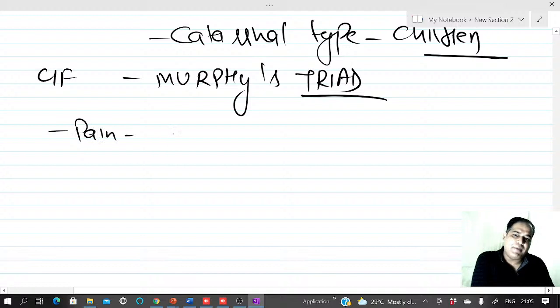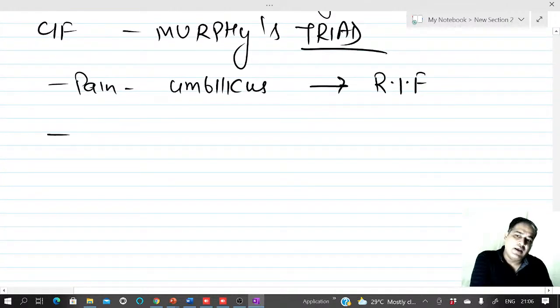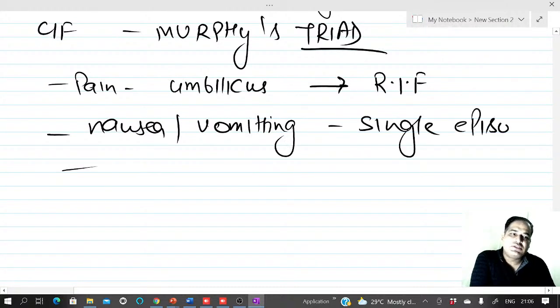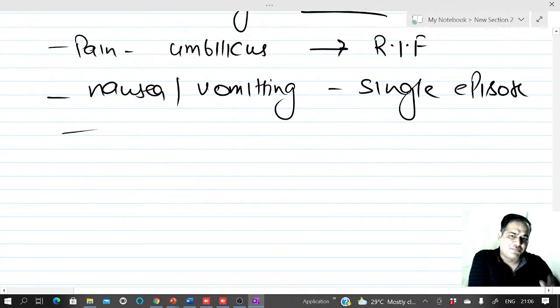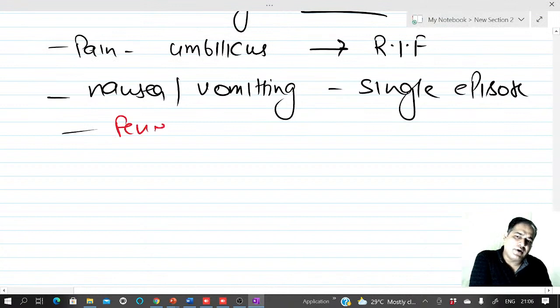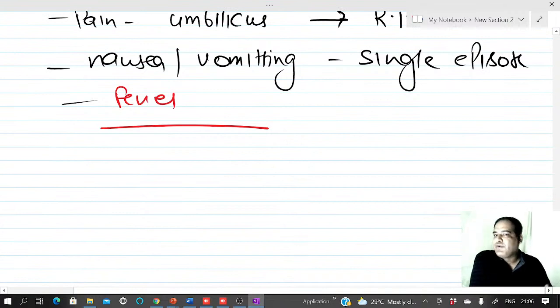So pain will be first felt around the umbilicus, then it will move to the right iliac fossa. We call it migratory pain. So your patient will also have nausea, vomiting, and this vomiting is usually just a single episode, and that is enough for us to differentiate it from acute gastroenteritis. Fever is rarely more than 1 degree centigrade above normal.